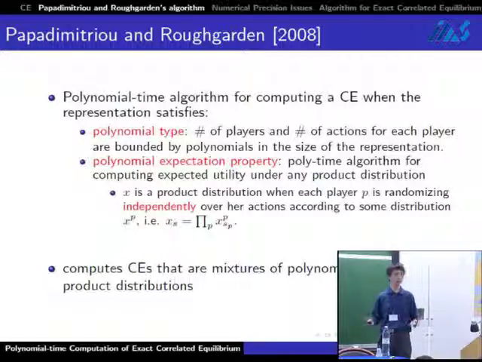And if tomorrow you invent a new representation, you don't have to try to find a new algorithm for correlated equilibrium. You just have to find a new algorithm for expected utility, and then you're done.